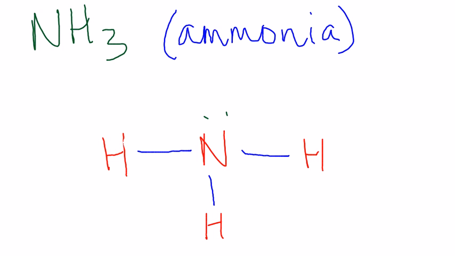Now we see that each hydrogen has 2 valence electrons, and remember that's key for hydrogen, that they have 2, and this nitrogen has 2, 4, 6, 8 valence electrons. So it's all set, it has 8. That's going to be the Lewis dot structure for ammonia. Continuing on.